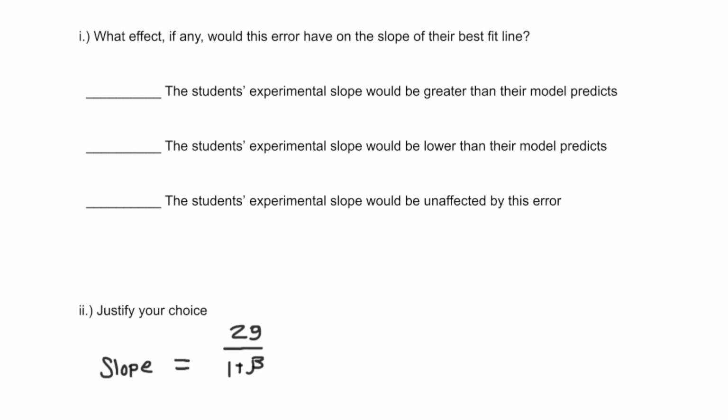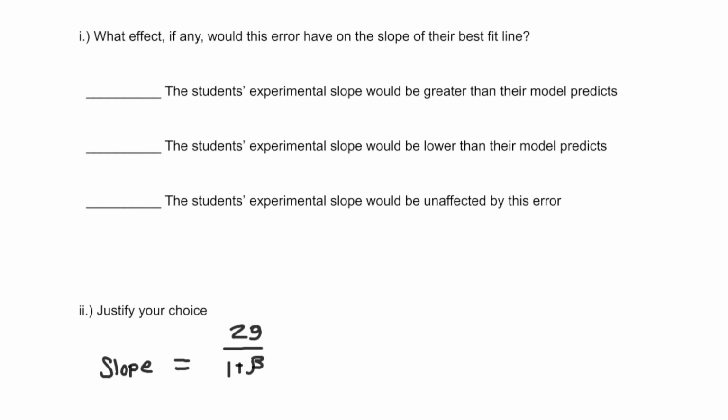So, if they measured the mass to be too high, how would that affect the slope? Well, if there was an m up top here, making that m too high would make the slope too high. If there was an m in the denominator, that would mean that measuring the mass to be too high would cause the slope to be lower than it should.